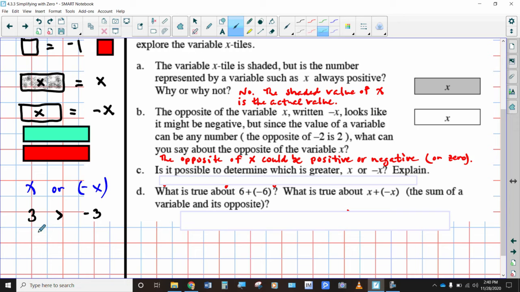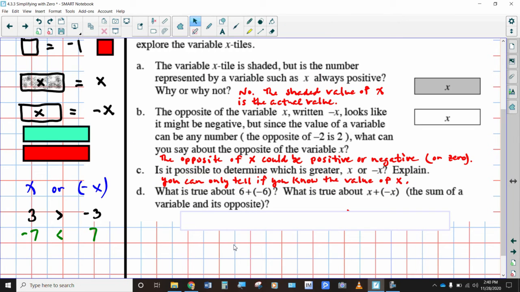If x was equal to -7, the opposite of it would be +7, which would mean that in this case, x would be less than the opposite, or -x. So without knowing the value for x, you cannot determine which one is greater, x or -x. You have to know the value of x first before you can determine whether x is greater than -x or -x is greater than x.